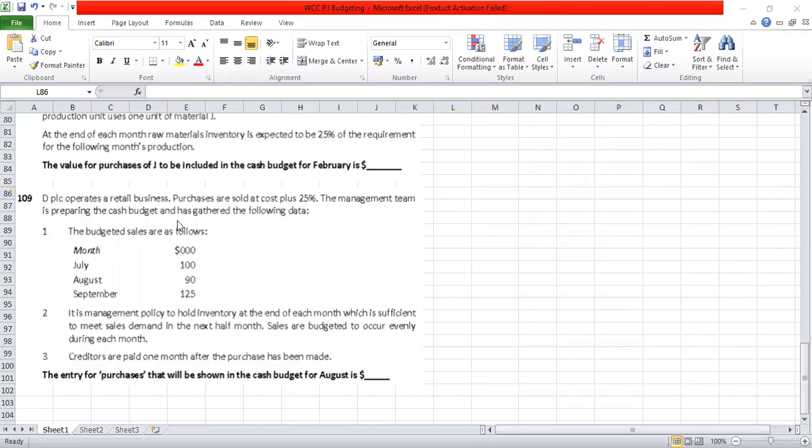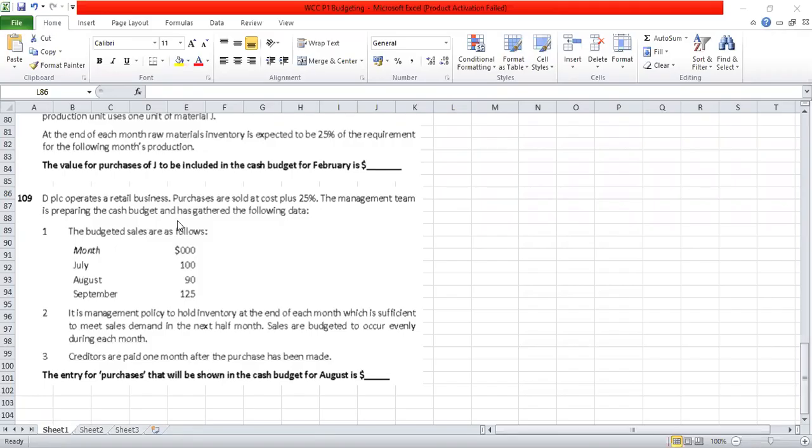Question number 109. DPLC operates a retail business. Purchases are sold at cost plus 25%. The management team is preparing the cash budget and has gathered the following data. Budgeted sales are as follows. It is management policy to hold inventory at the end of each month which is sufficient to meet sales demand in the next half month.